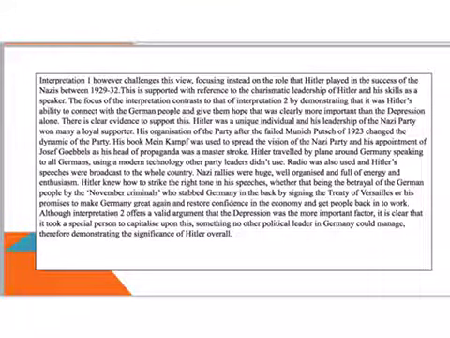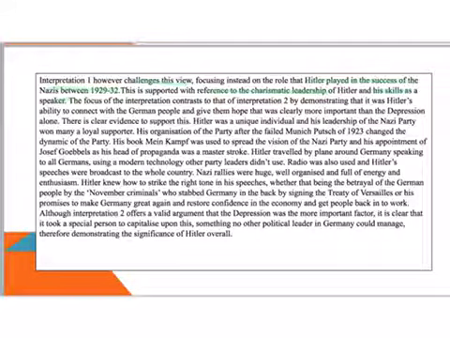Then we're going to counter that and look at the argument against interpretation 2. I'm going to use interpretation 1 here to challenge this view. So this focuses upon Hitler playing the central role in the success of the Nazis. Again, this is supported with reference to the charismatic leadership of Hitler and his skills as a speaker.